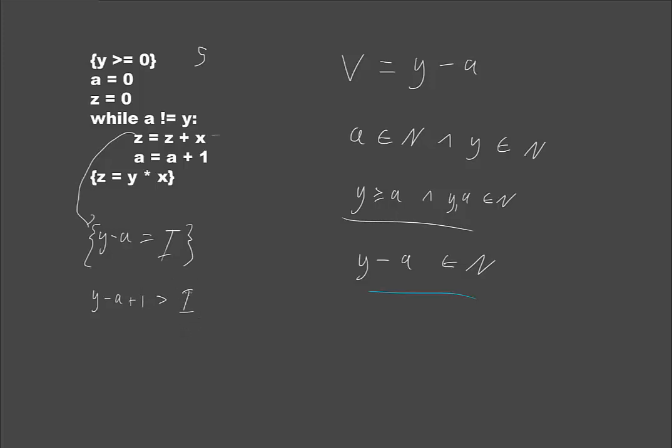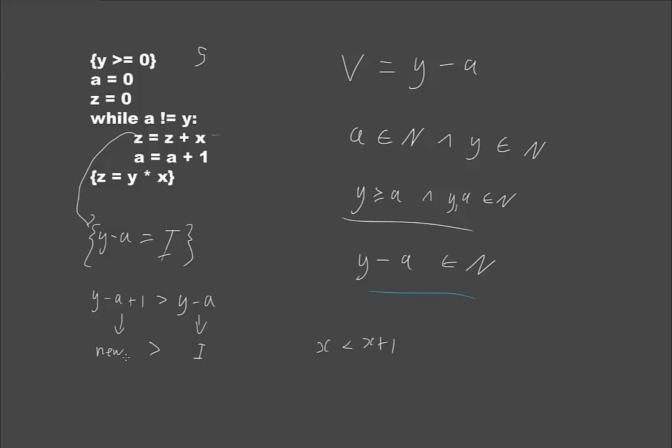And that's just through basic math. You could substitute this back in, so y minus a plus 1 is greater than y minus a, because of the math axiom that x is less than x plus 1. So this statement is true.